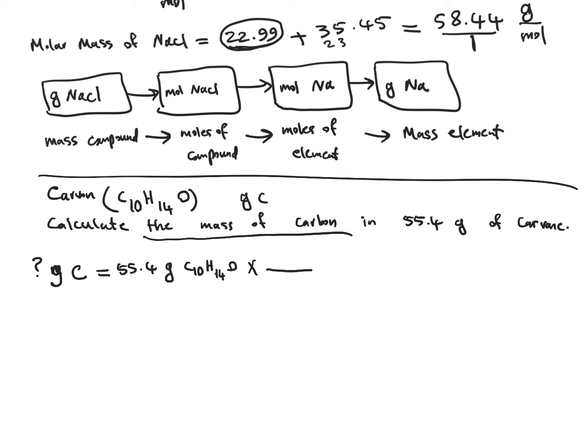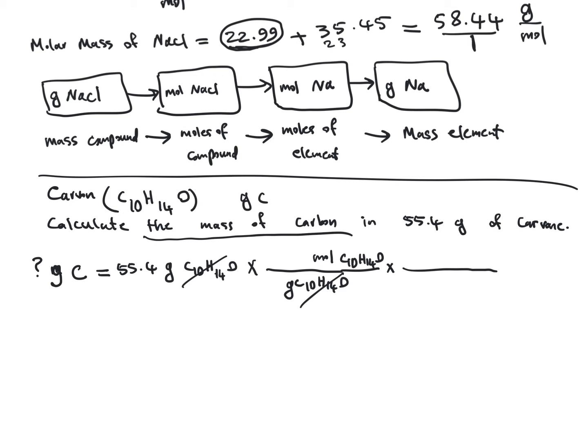So here, the first conversion factor would be grams. This is 14. Okay, I'm just going to write it smaller so everything fits. C10H14O grams. You convert that to moles of C10H14O.